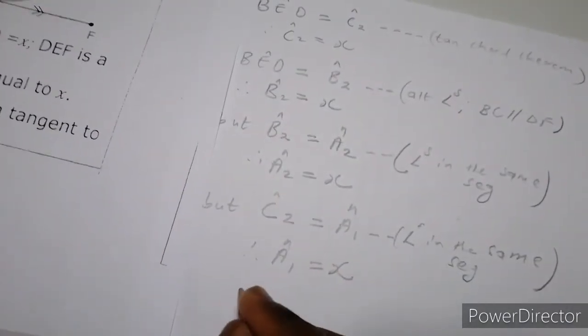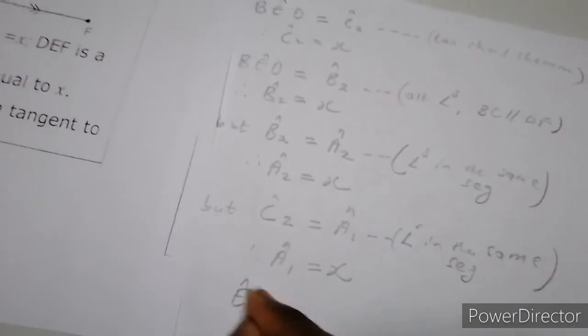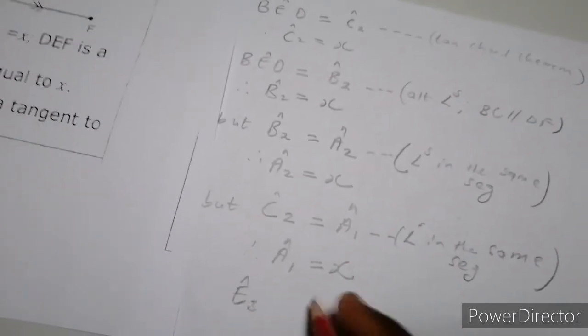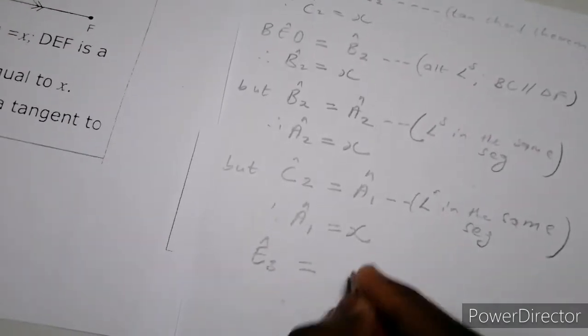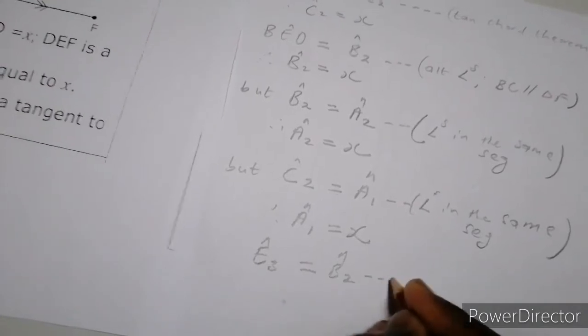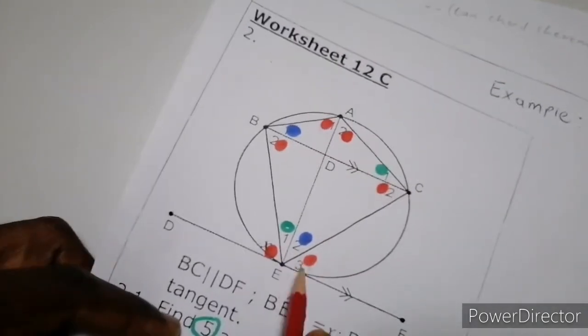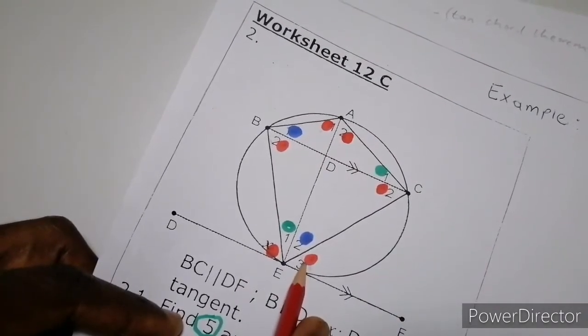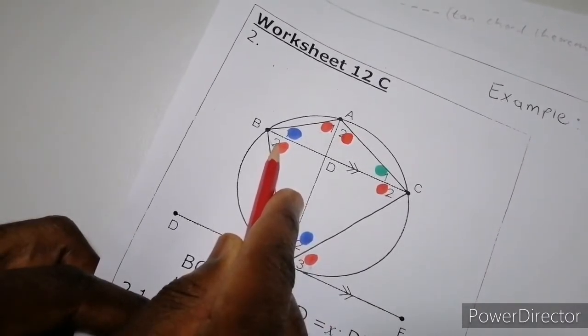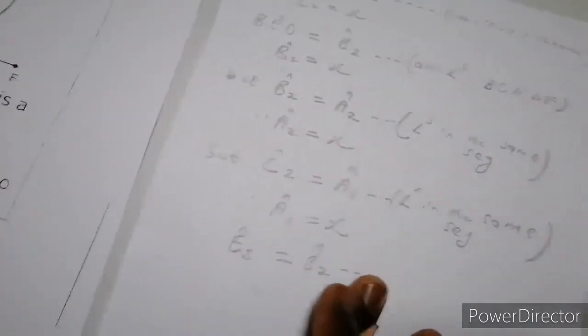Angle E3 is equal to angle B2. What is the reason? E3, here is E3. E3 is equal to B2. What is the reason?